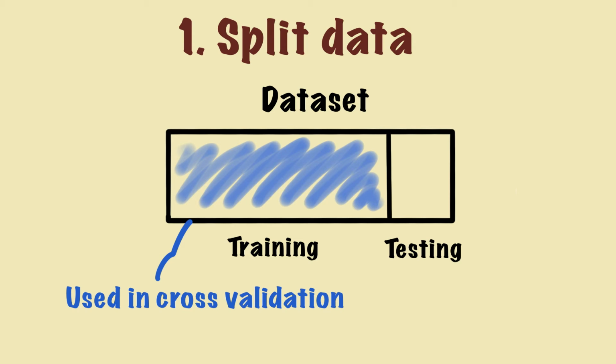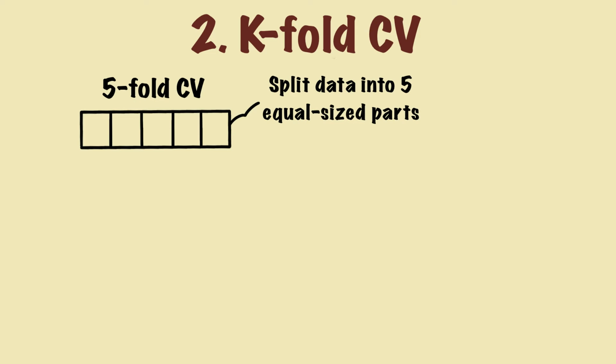Importantly, only the training set is used in cross-validation. It's because testing sets should not be used in the training phase. Otherwise, the model could learn the distribution of the testing sets beforehand, and the model performance evaluation will not be reliable. So, the next step is to do cross-validation.